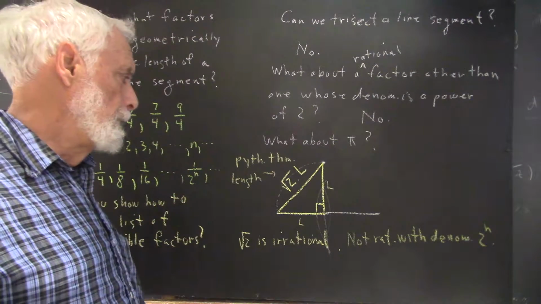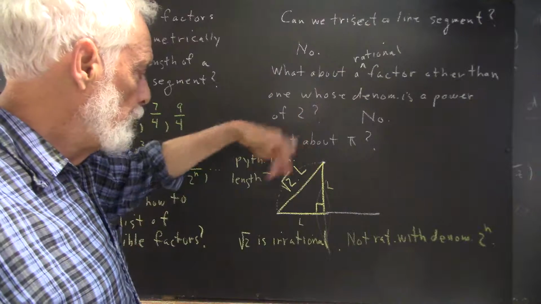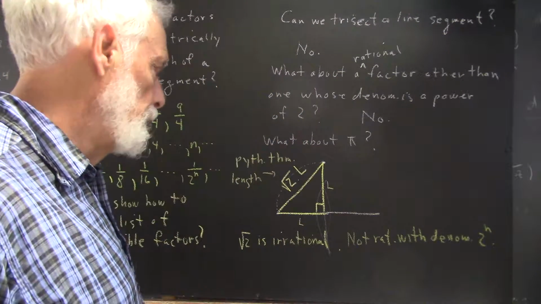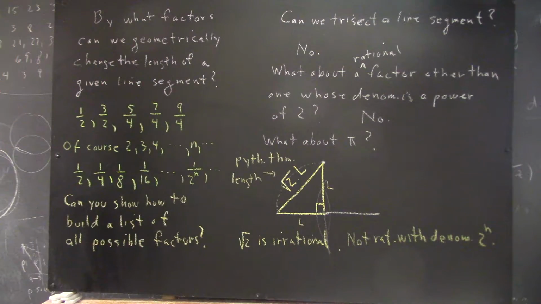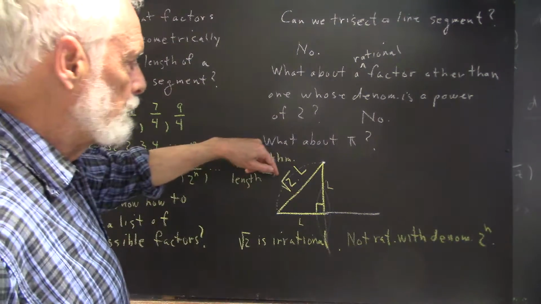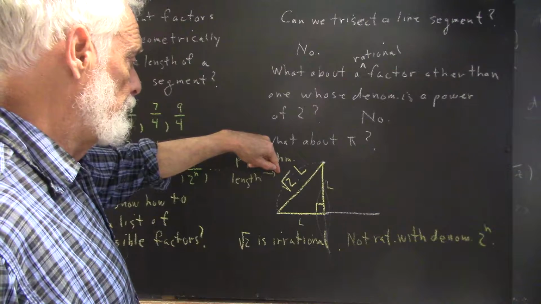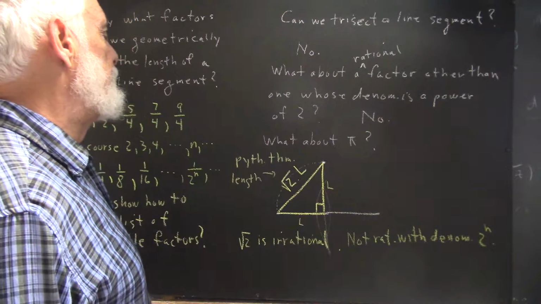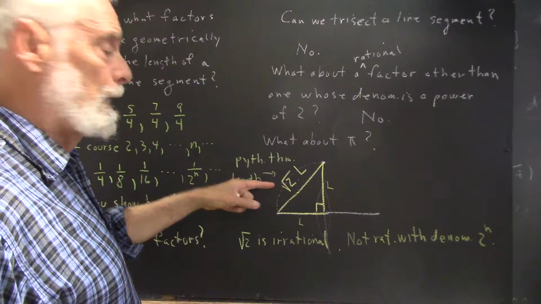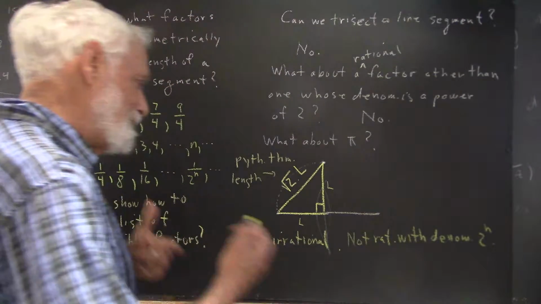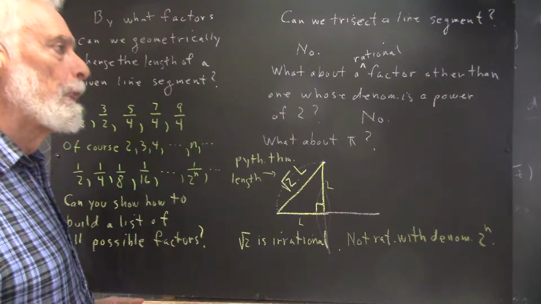If you start by assuming that this is P over Q times the length of this, where P over Q is in lowest terms, you arrive at a contradiction. And the Greeks knew that. Greeks had figured that out thousands of years ago. And it kind of blew their minds. Okay, it was very, very disconcerting to them.